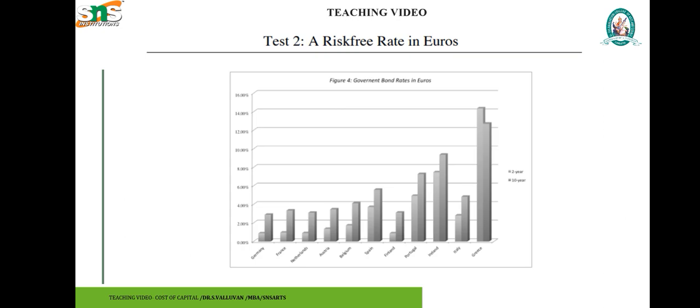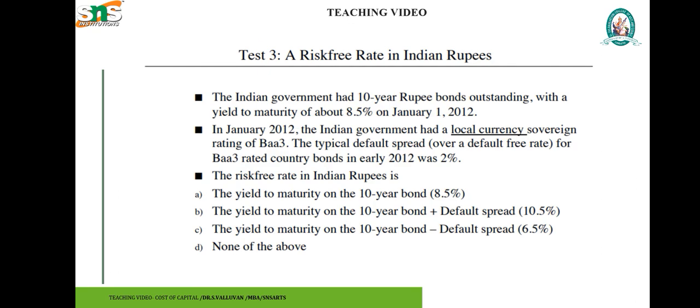This slide depicts the risk-free rate in euros and risk-free rate in Indian rupees. The Indian government had 10-year rupee bonds outstanding with yield to maturity of about 8.5% on January 1, 2012. This is data of the year 2012. The Indian government had a local currency sovereign rating of BAA3.